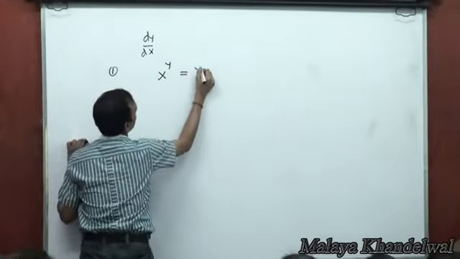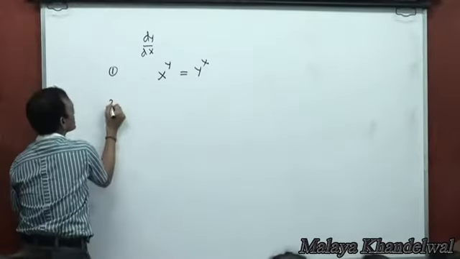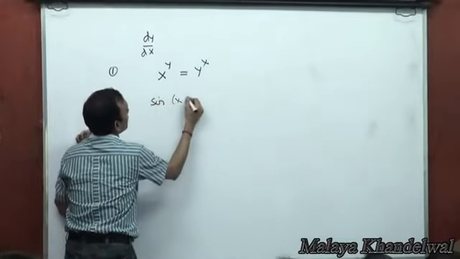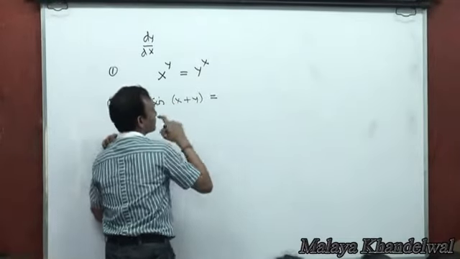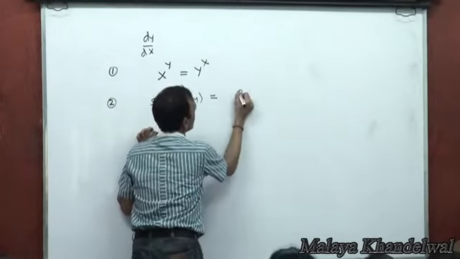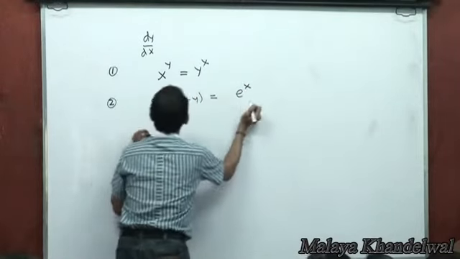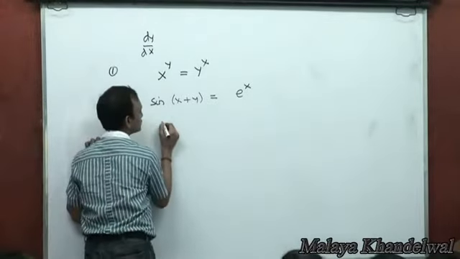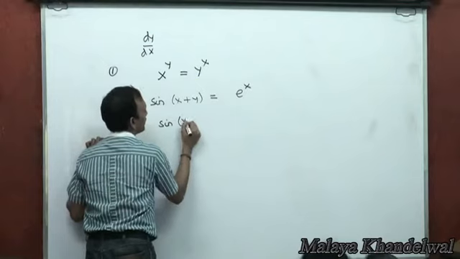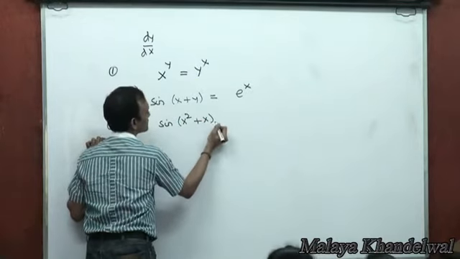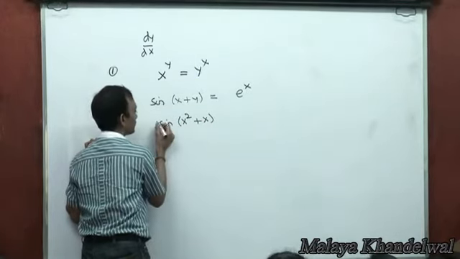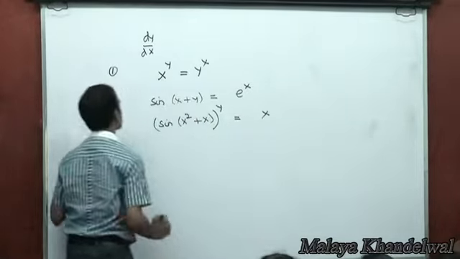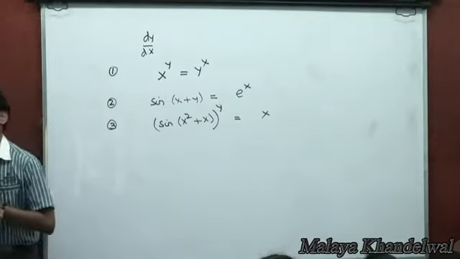Say if x power y is y power x, find dy dx. 2: sine of x plus y is e power x. 3: sine of x squared plus x, whole to the power y is x. Okay, take these three and find dy dx.